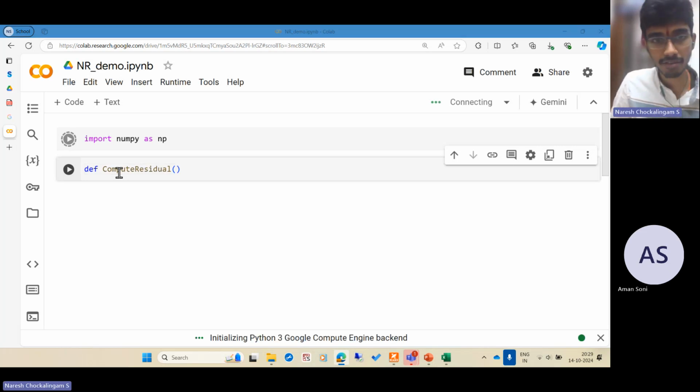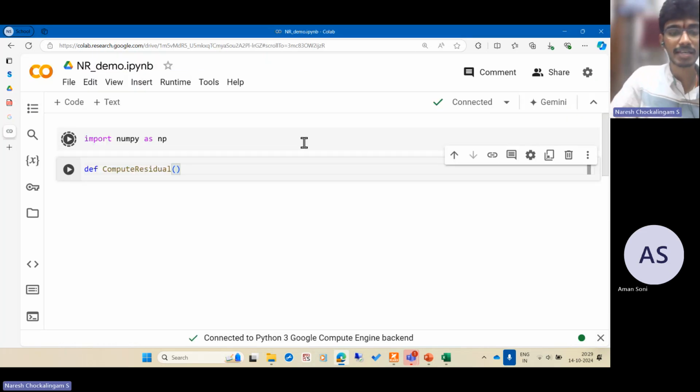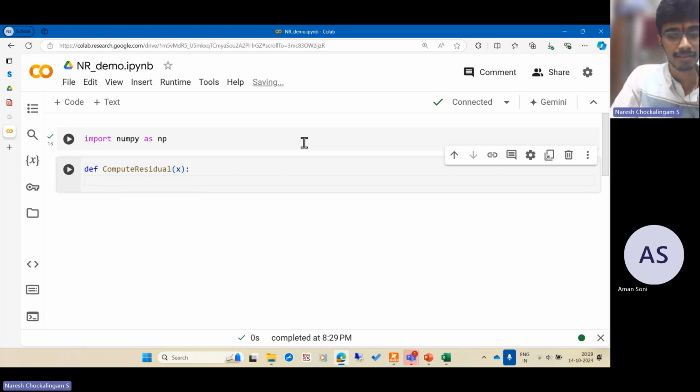So let's have a function, compute residual. And what is the residual? Residual is this. It takes in 3 quantities. Let us just say it takes in the vector x, and x1, x2, x3 are the 3 components, x of 0, x of 1, and x of 2.